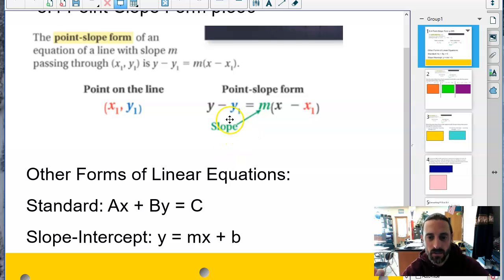And y, this y right here, represents a dependent variable or an output. So something depends on an input, or there's a relationship going on between two things. X is the input, y is the output. x1 is a point on that line, y1 is an output, a point on that line.